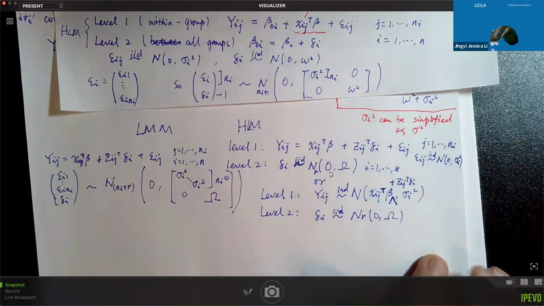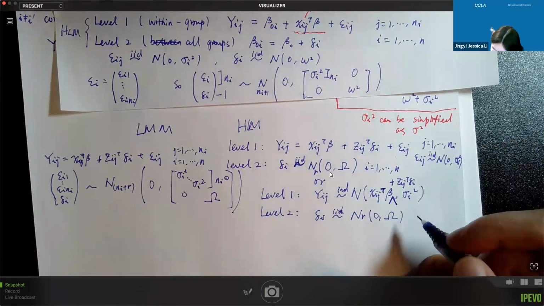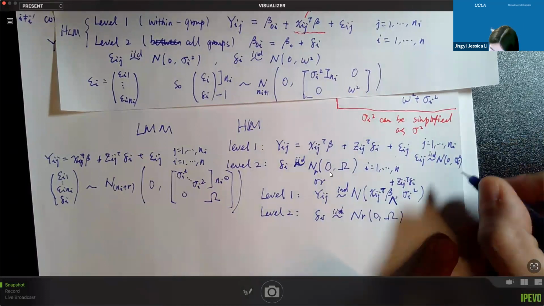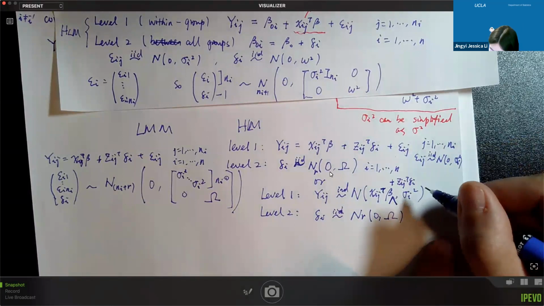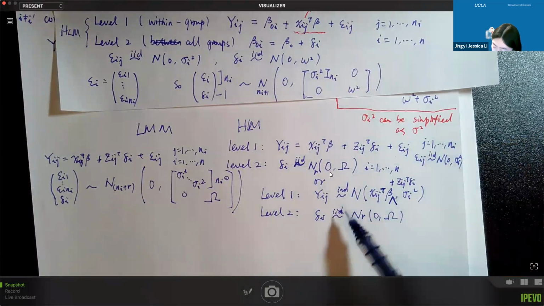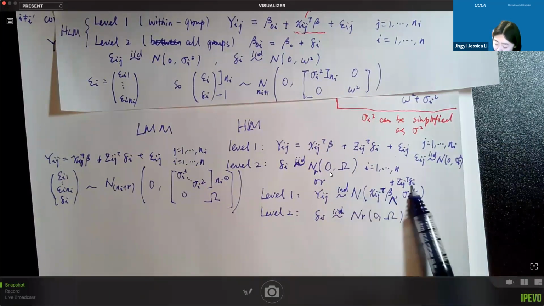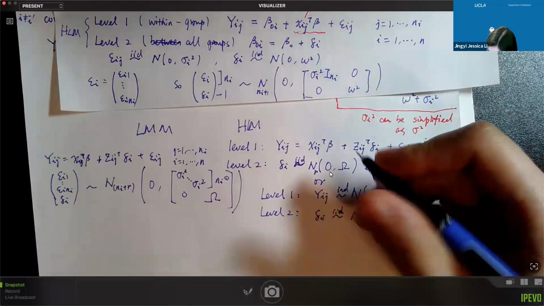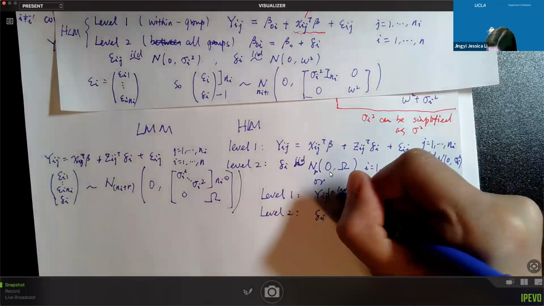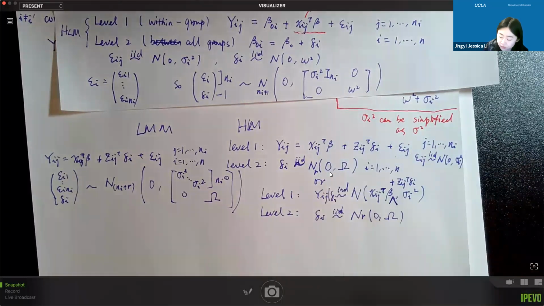Basically these two levels are combined in this way. In level 1, Yij is conditional on delta I, following this normal distribution.